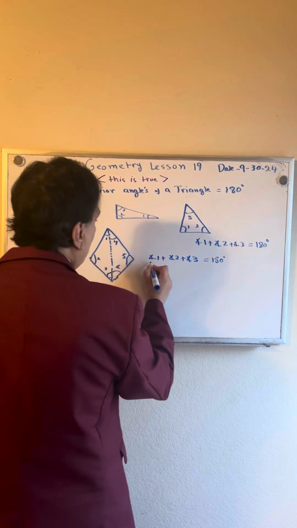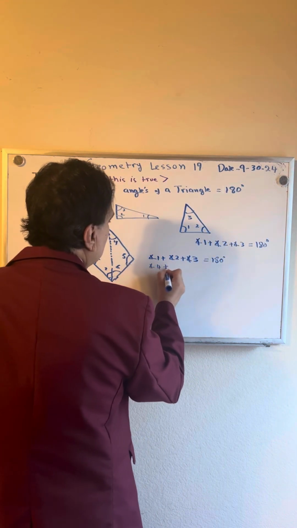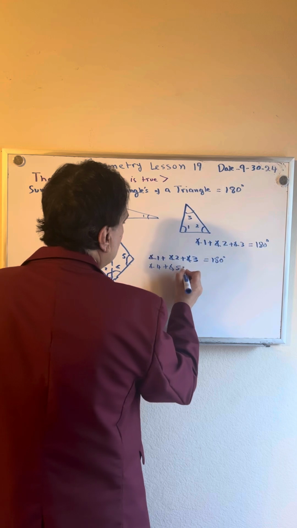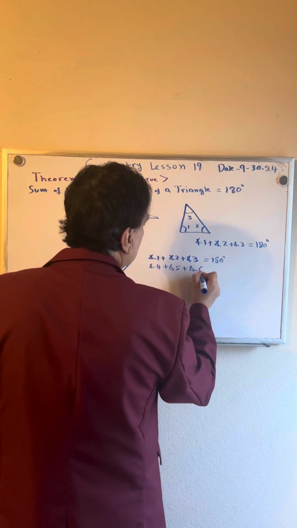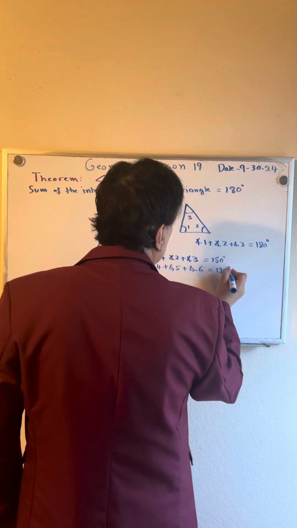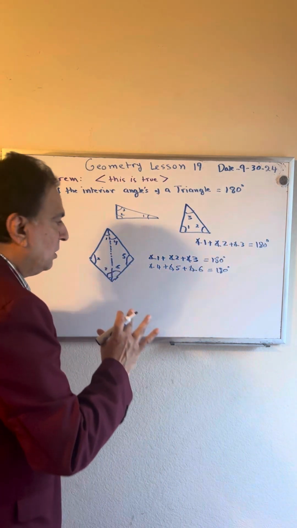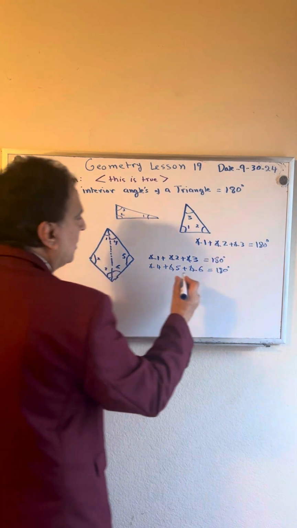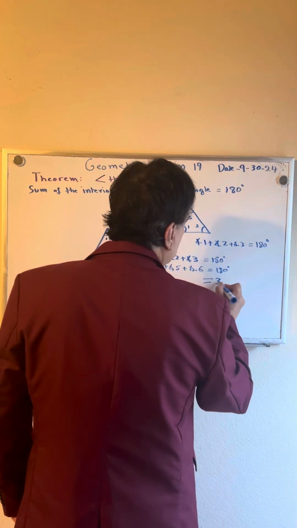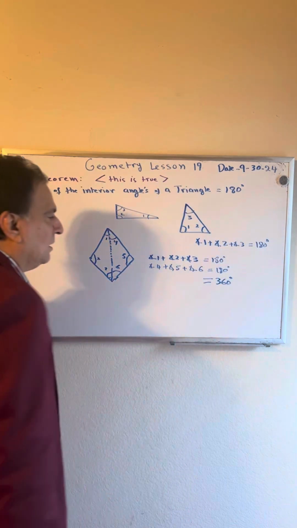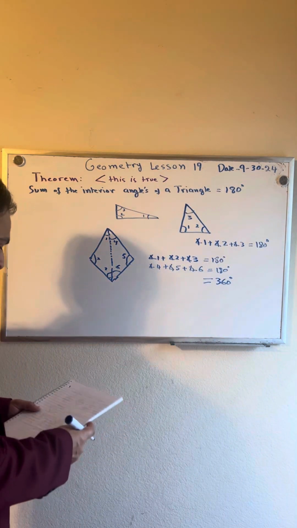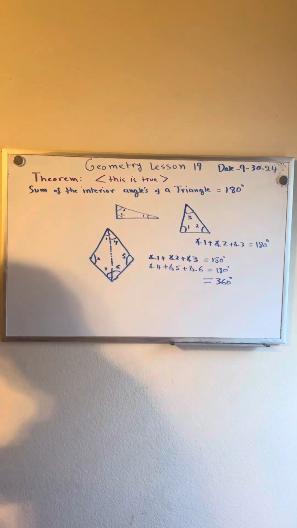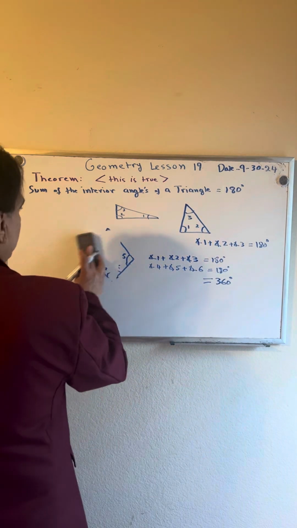Then angle 4 plus angle 5 plus angle 6 is also 180 degrees. So we can say the interior angles of this polygon total 360 degrees. Let's look at another shape and see if it makes sense.